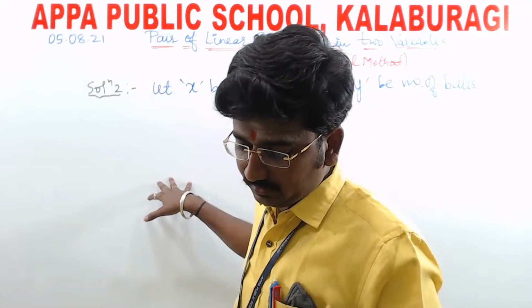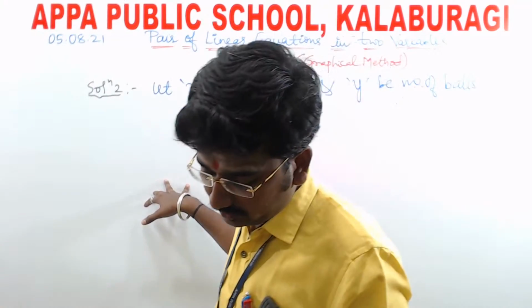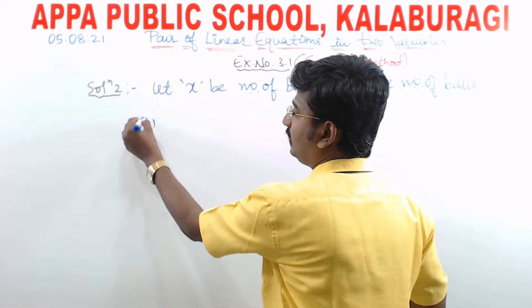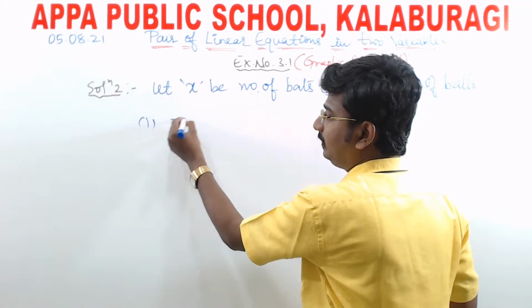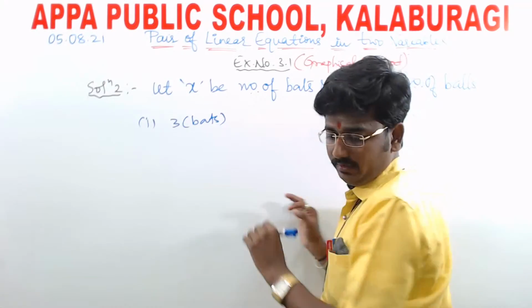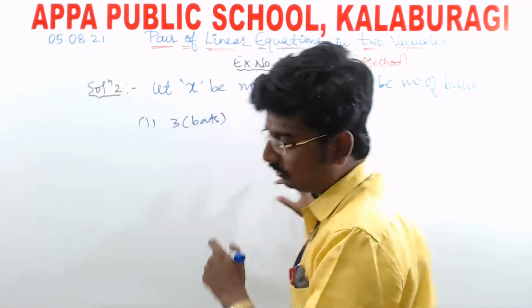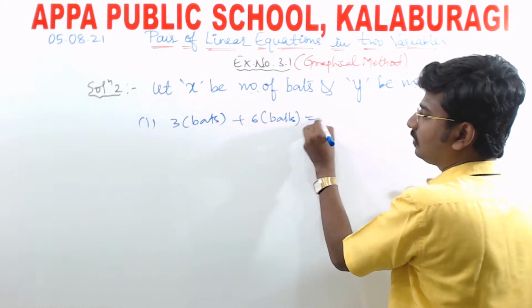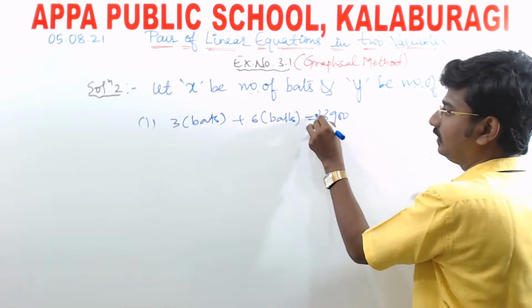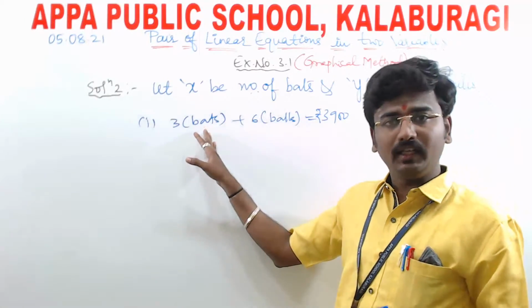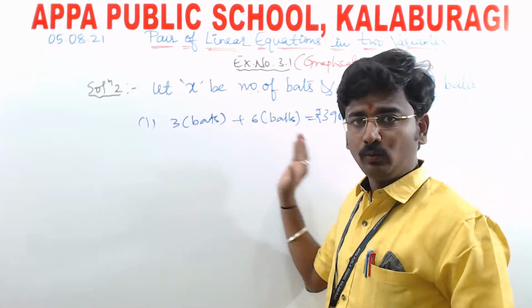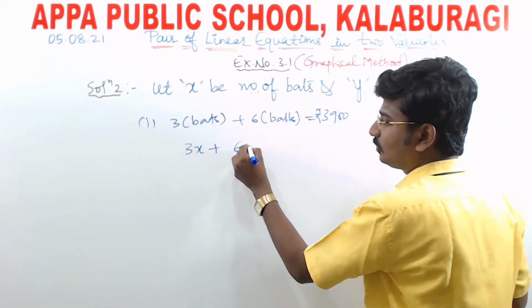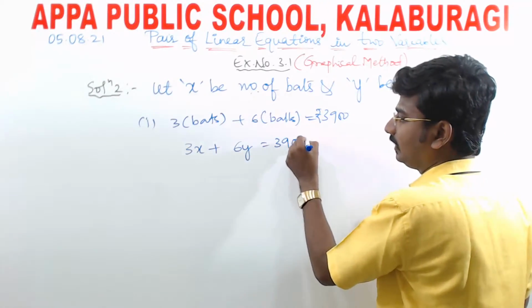He said 3 bats and 6 balls total cost 3,900. Bats we have taken as x, balls we have taken as y. So I can write this as 3x plus 6y equal to 3,900.